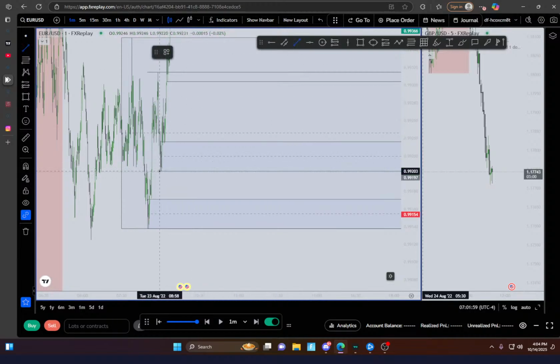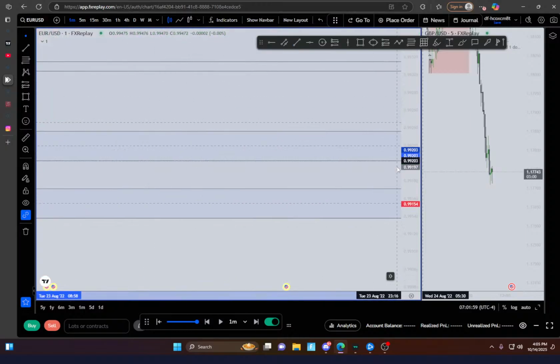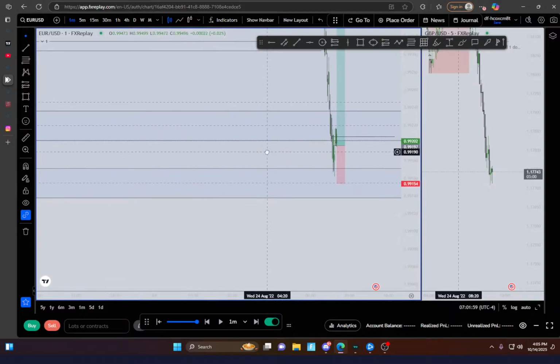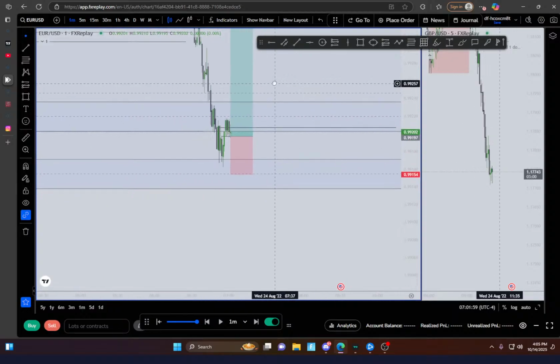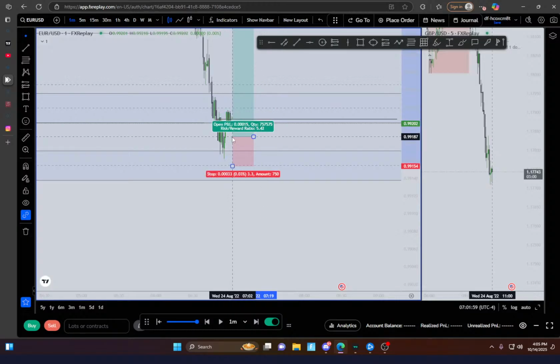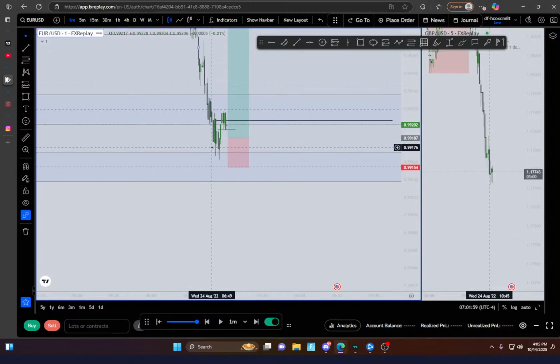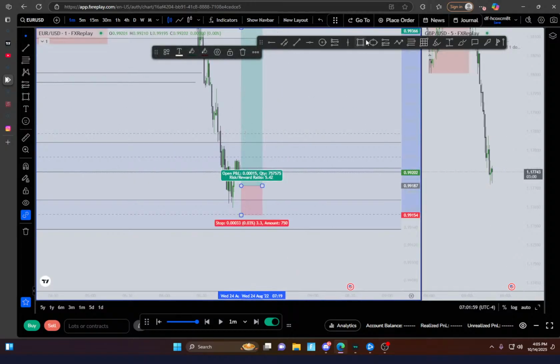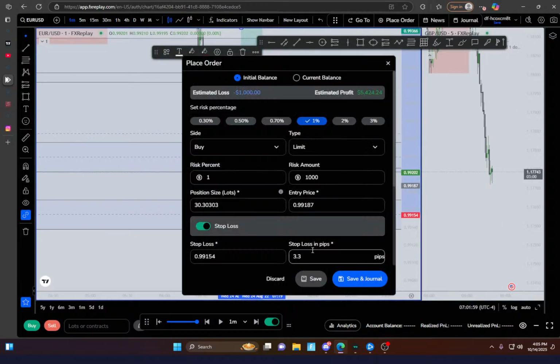So sweep of this low, then efficient price action. Just had that structure change. So ideally, I want to see it go here and be a meaningful push. So set our limit.